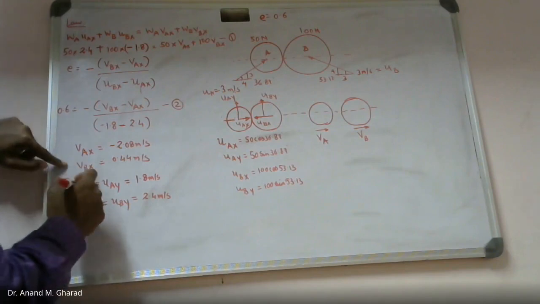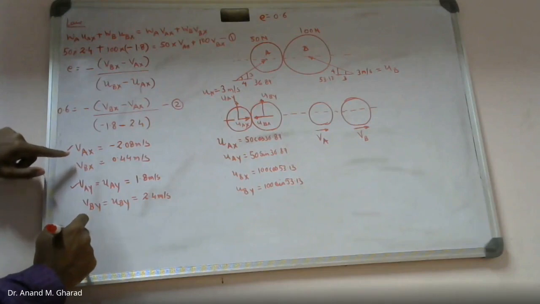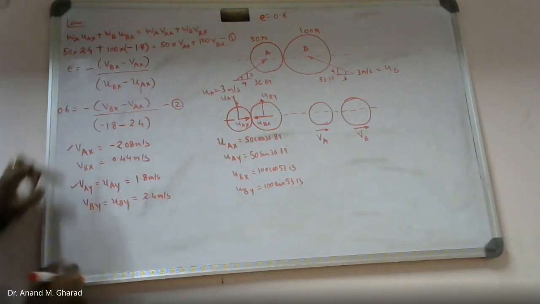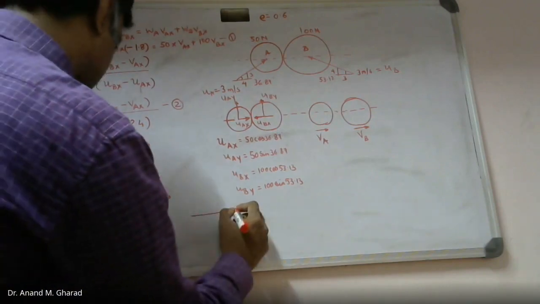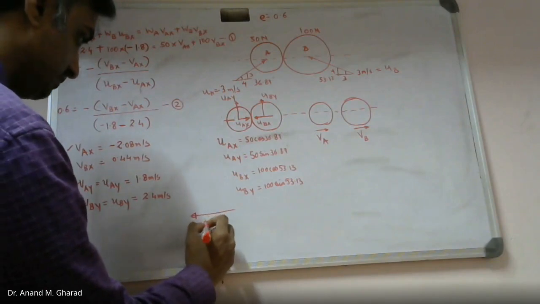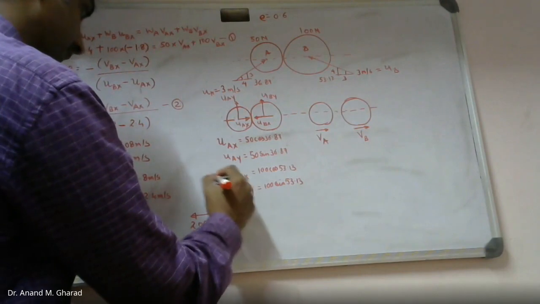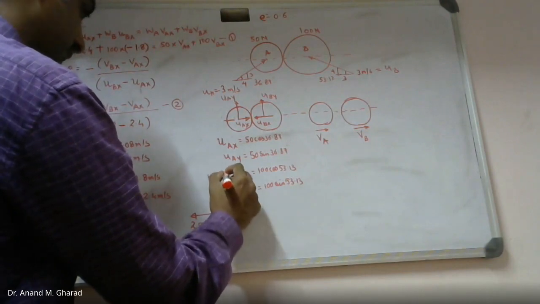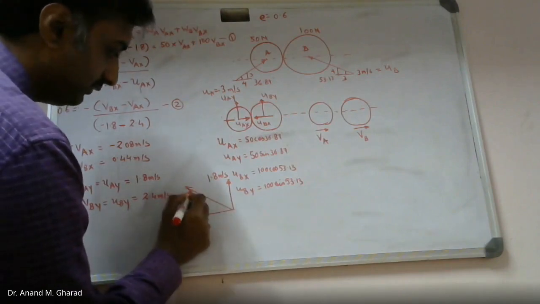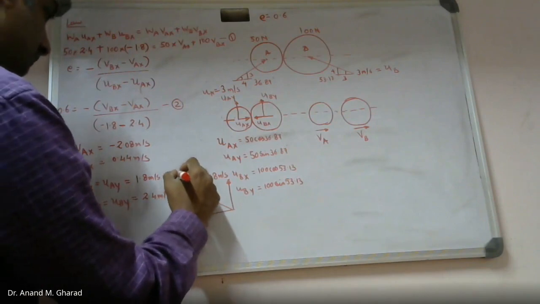These are actually, if you look closely, these are the components of a velocity. So if I take into account A, VAX is negative in this direction, and the magnitude is 2.08. VAY is positive, magnitude is 1.8. Based on this, you can definitely calculate the resultant value, which will be your final velocity VA.